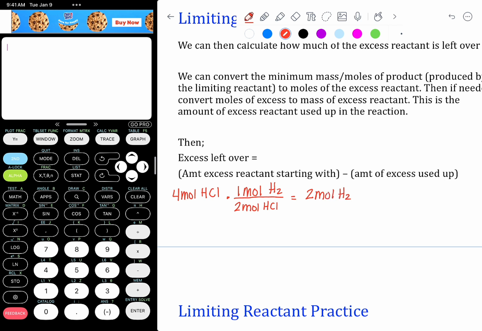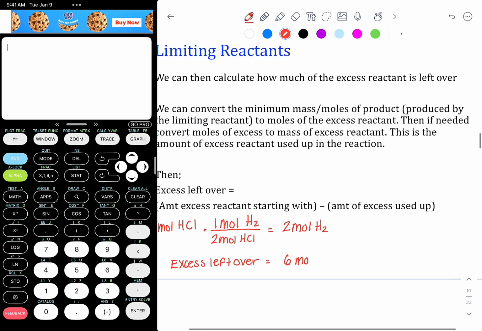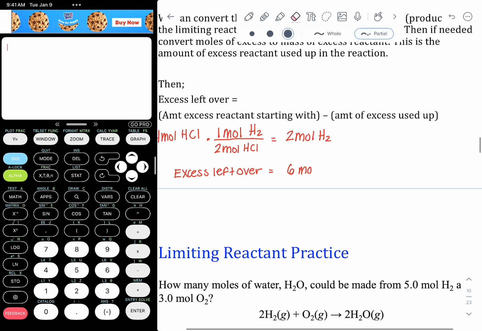I started with 3 moles of H2, so to find my excess left over, we take the 3 moles of H2 that we started with.